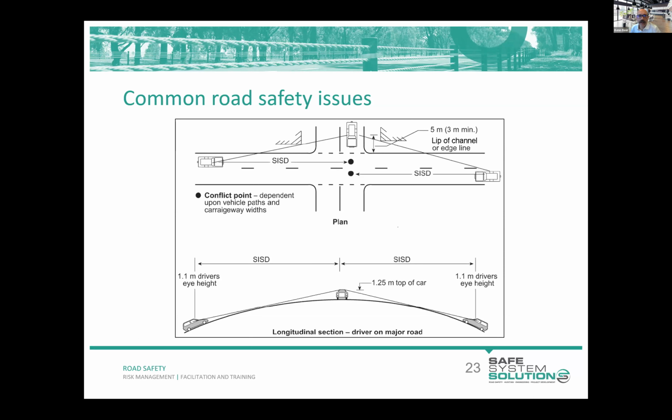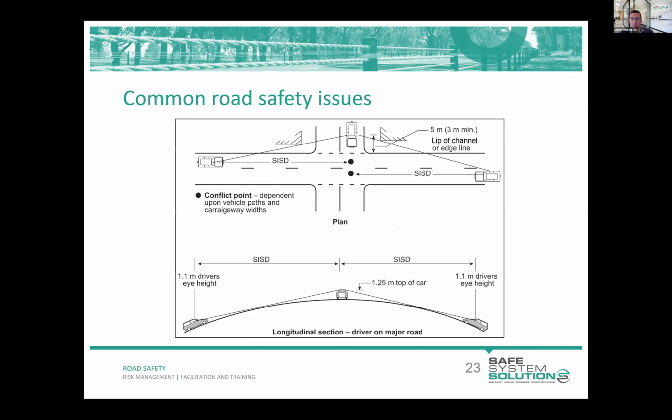While you've got that diagram up, what's the difference between safe intersection sight distance and stopping sight distance, SSD? A difference between many of the sight distance requirements is the heights that they're measured from and to.